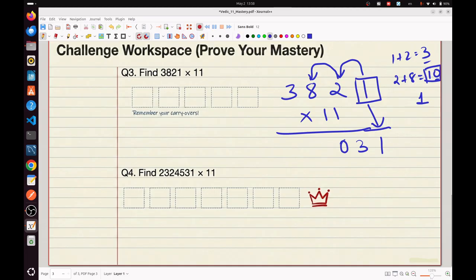Next, 8 plus 3, what will we get? 11. So 11 plus 1, what will be the answer? 12. This 2 you place here. We again have 1 carry. Like this you need to solve. Last, this 3 we would have kept here, right? But here we have a carry.